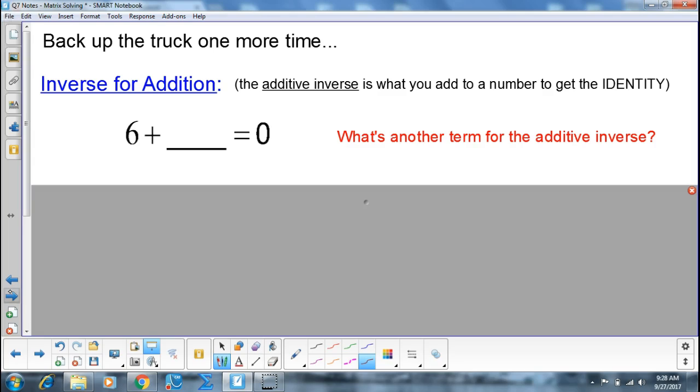Okay? Now, let's back the truck up again. Beep, beep, beep. Okay? I don't have the slide ready to go. So, inverses now. The additive inverse is what you add to a number to get the additive identity. So 6 plus what gets me 0? Negative 6.